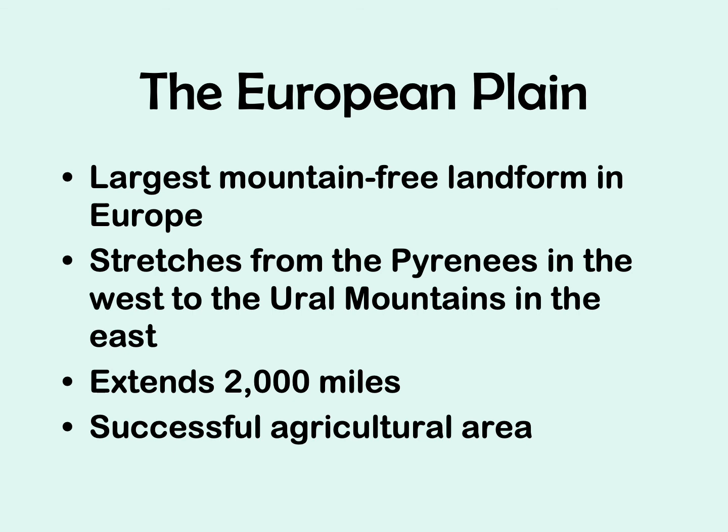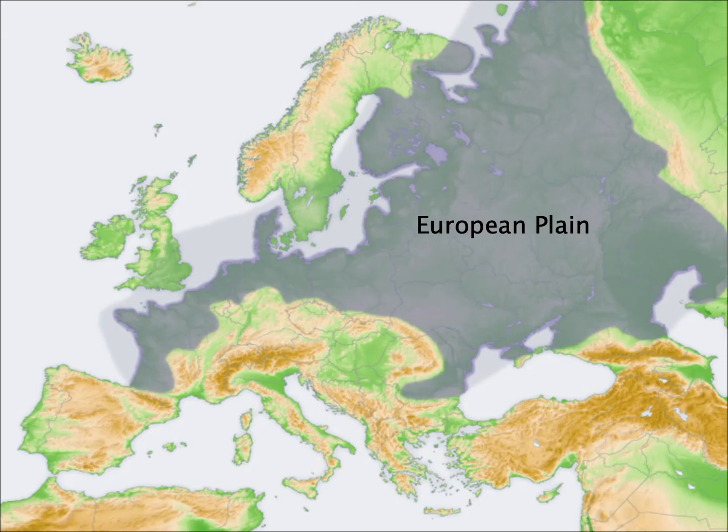It's going to be a great place for agriculture. It's a successful agricultural area, so that means people are going to be able to plant and things like that in this area. We see that this area is very flat and that it is going to be a good place for people to do agriculture.